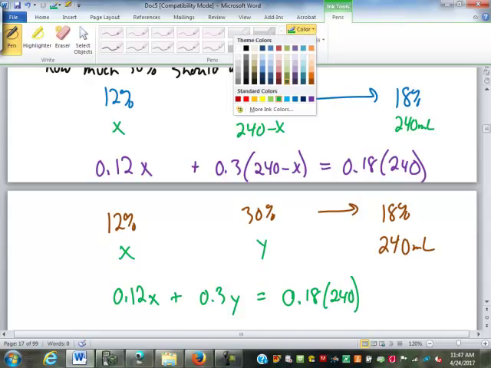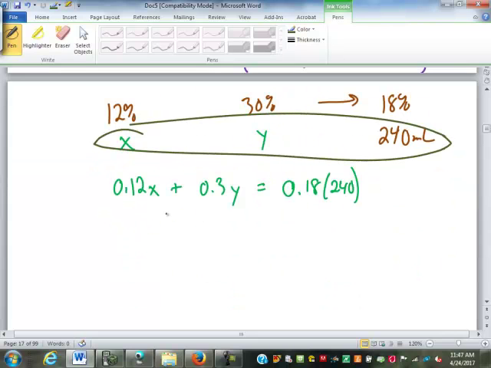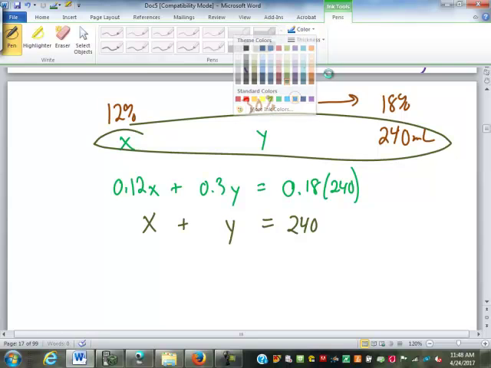And then on top of that, we would have had a second equation where we know that x plus y has to equal 240. And that then would have been used to solve that system.